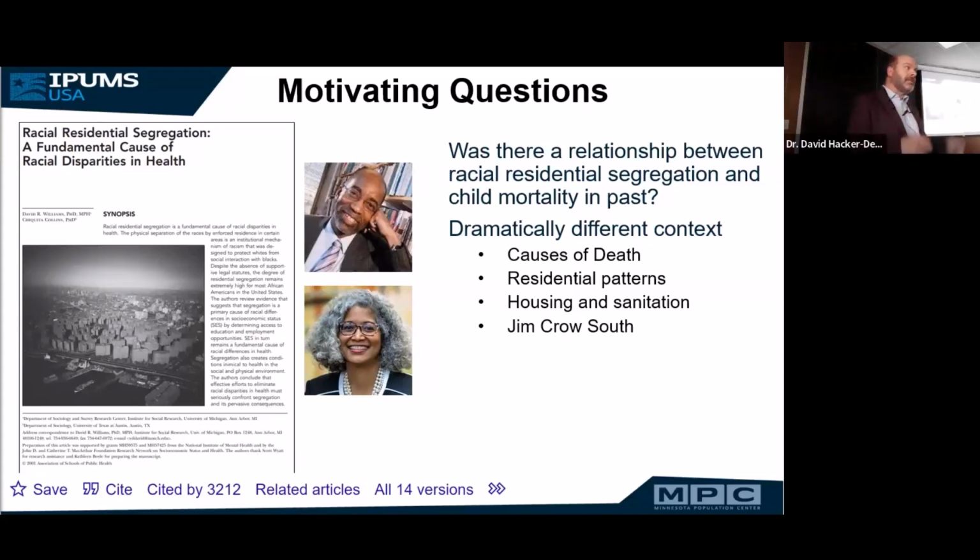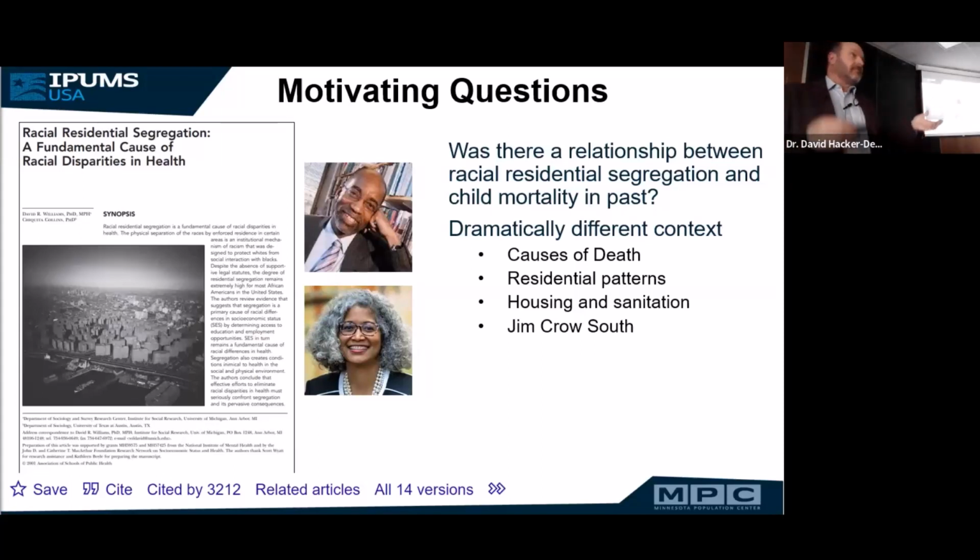So these are the ways: it's high airborne infection, waterborne pathogens. So very different context in the day. And then we have, of course, very different patterns of discrimination that is overt and legal and sometimes required. So does this relationship between residential segregation and child mortality hold in this dramatically different context?